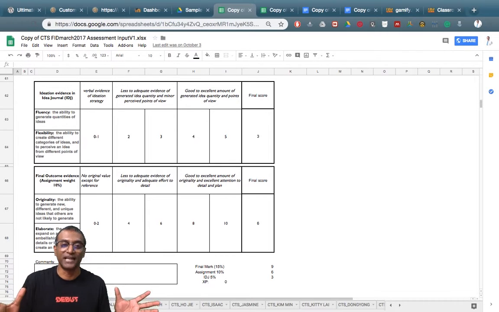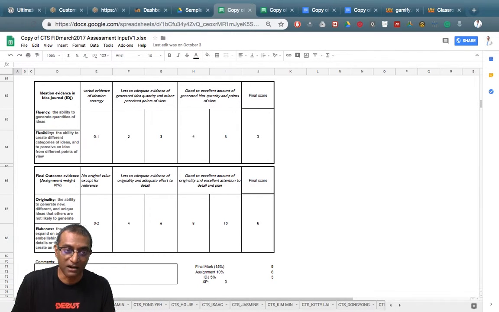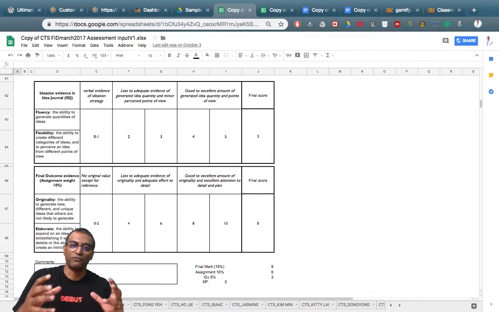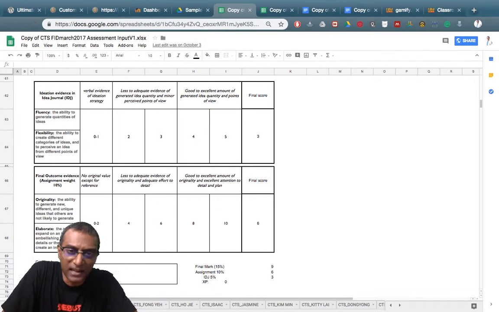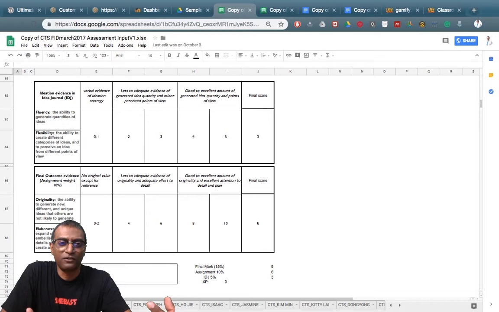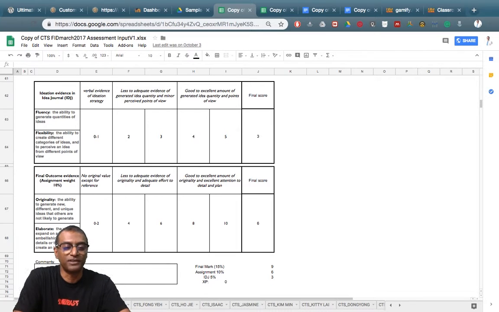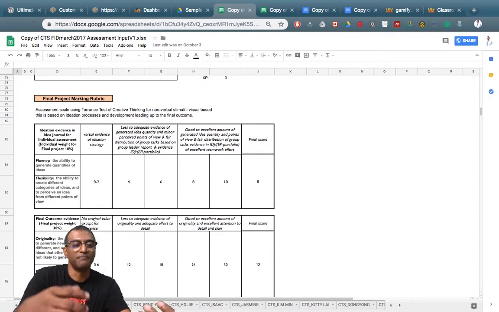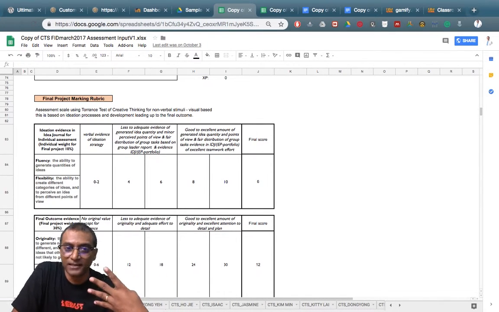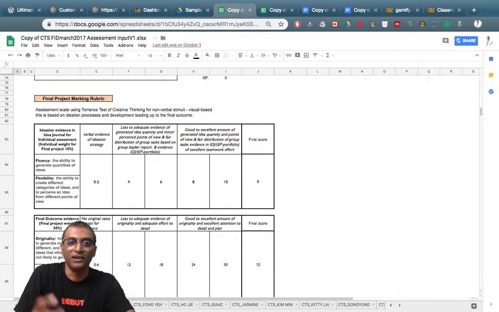Originality is all about how unique your ideas are. Elaboration is about how much detail, embellishment, and how aesthetically pleasing your final outcome is. So what's important is for you to ponder these 4 aspects of the Torrance test of creative thinking, which is in the notes that have been handed out to you.